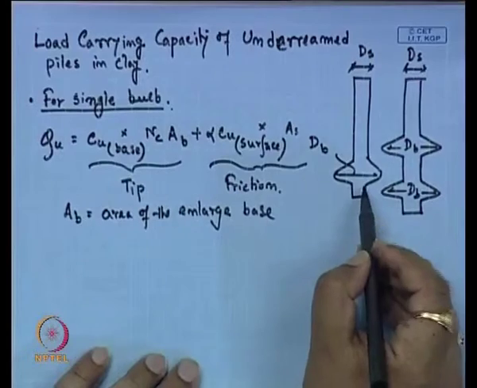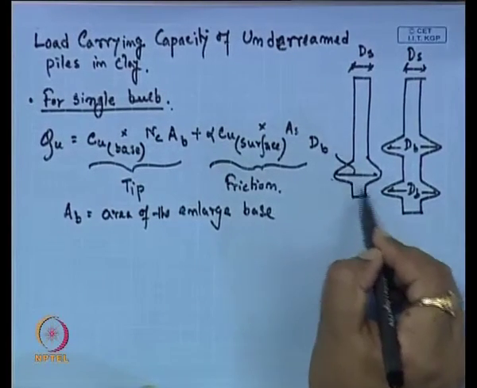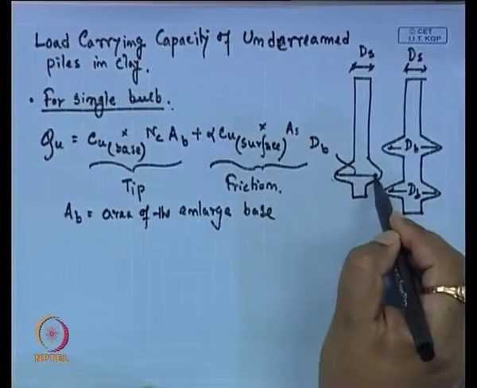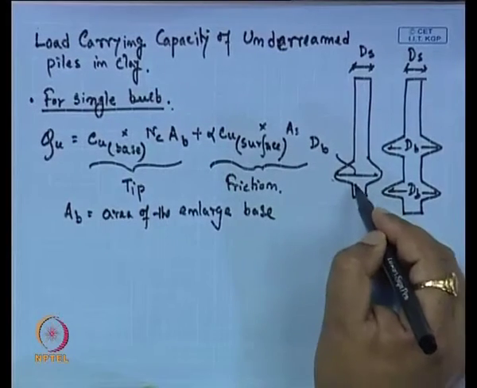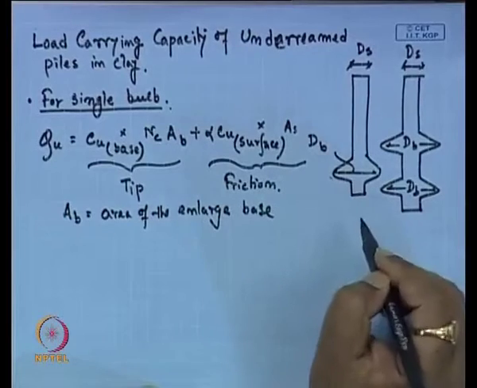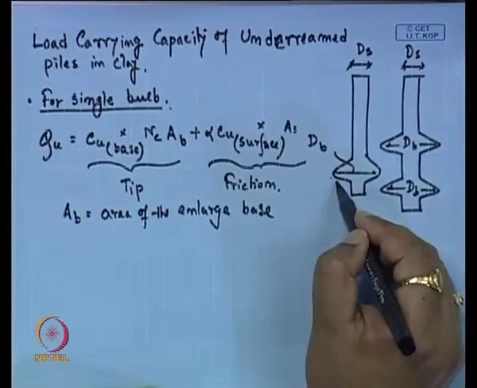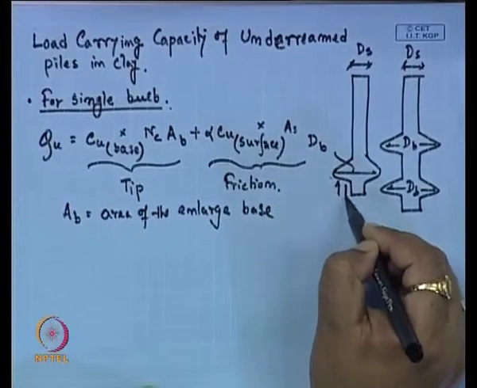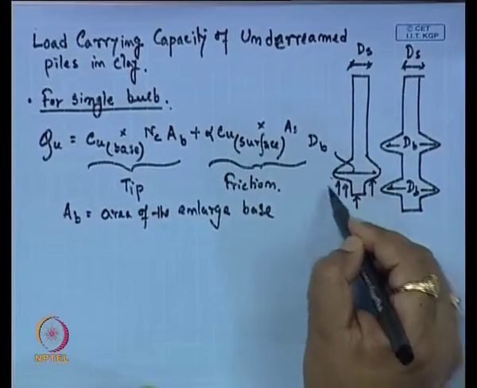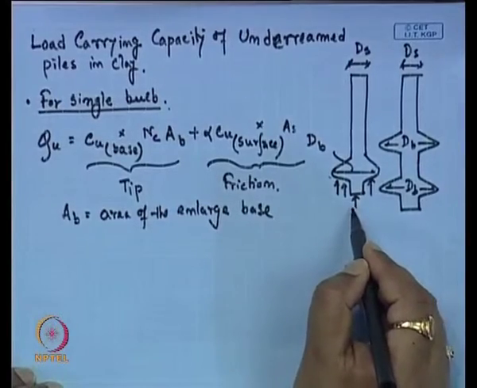If this bulb is very close to the tip of the pile, then we can consider the area of the base as basically the area of this enlarged portion. We can neglect this portion's resistance, and the tip resistance is basically in this portion, the area of the enlarged portion, and C u is the cohesion at this base level.